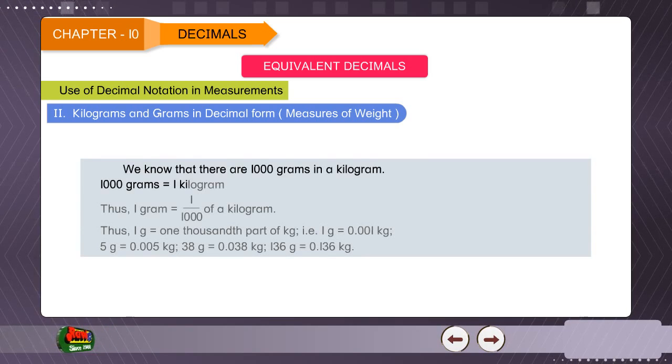Thus, 1 gram is equal to 1 by 1000 of a kilogram, that is, 1 gram is equal to 0.001 kilogram. 5 grams is equal to 0.005 kilogram. 38 grams is equal to 0.038 kilogram. 136 grams is equal to 0.136 kilogram.